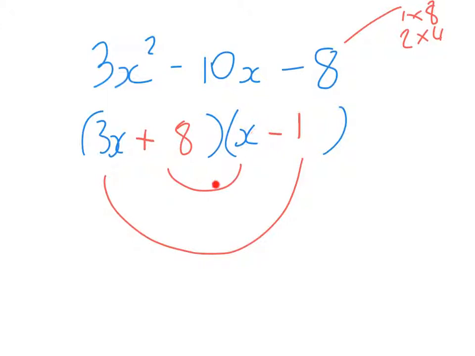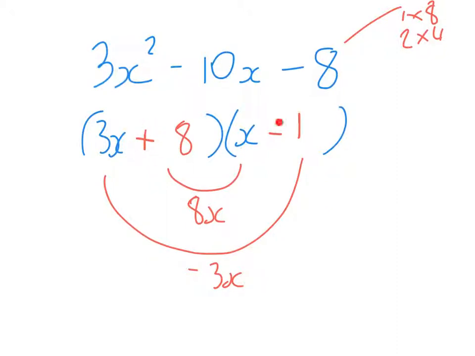Okay, so 8 times x gives me 8x. And 3x by minus 1 gives me minus 3x. And 8x minus 3x gives me 5x, which is not minus 10x. So I'm going to keep the 8 and the 1 where they are, and I'm going to swap the signs.